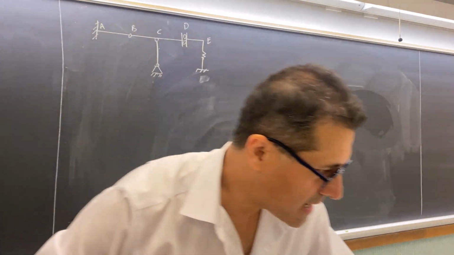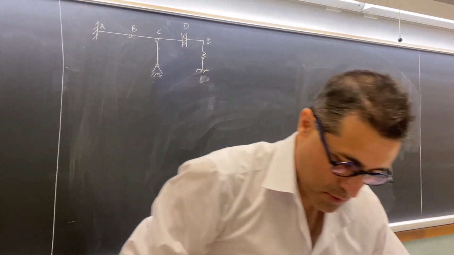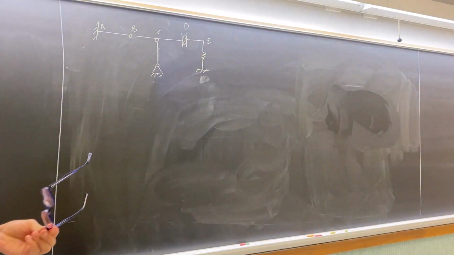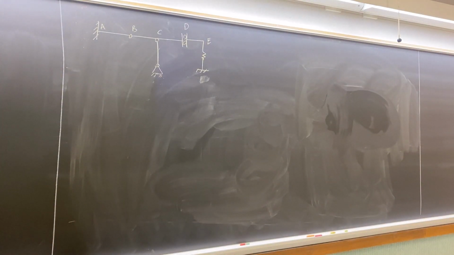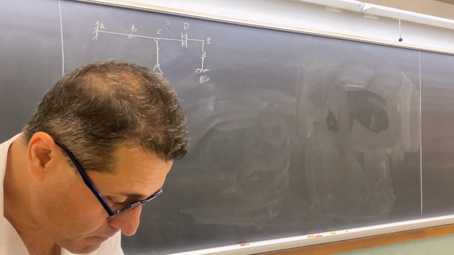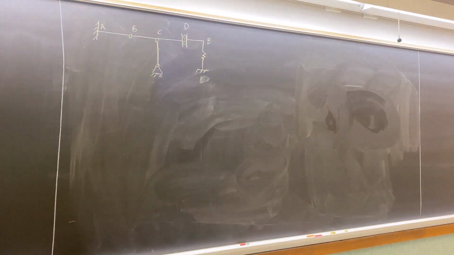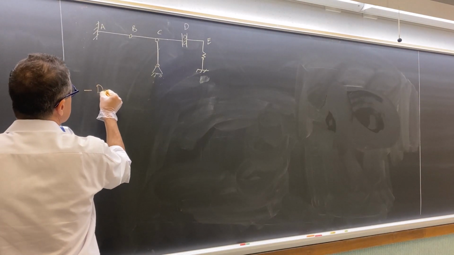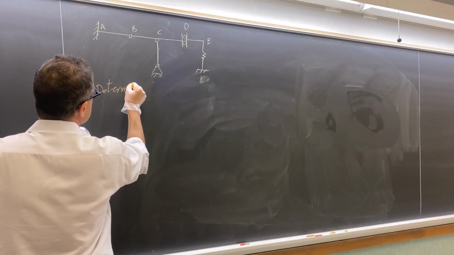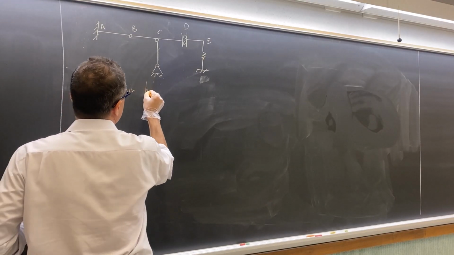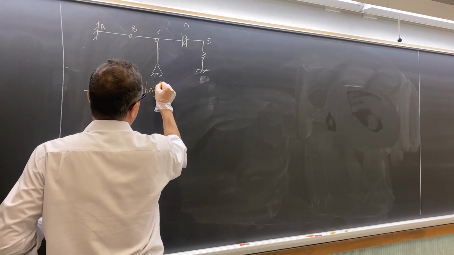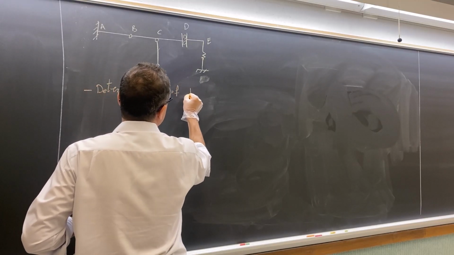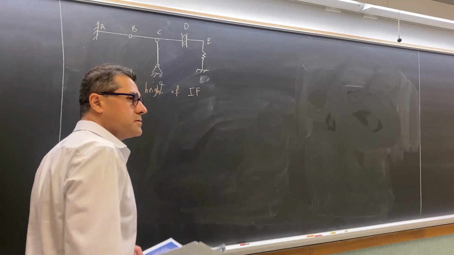The question is not asking for drawing the influence line. The question is asking to find the height of influence line. So I just write here, determine height of influence line.